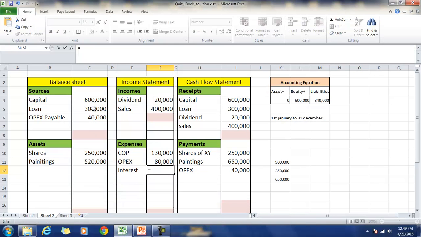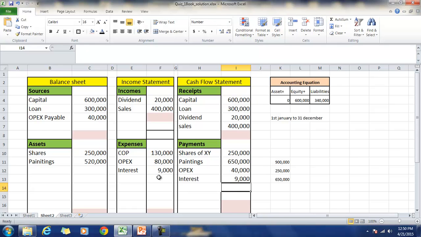So interest will be calculated on this loan amount at the rate of 4%, but as per the matching principle, they have to charge it for 9 months only. So interest for 9 months is 9,000, and let us assume that they pay the interest.